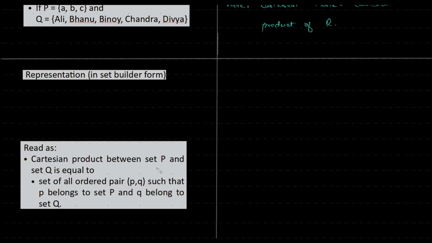Okay. Now how do you represent this in set builder form? So P cross Q is nothing but made up of (a, b) such that a belongs to set P and b belongs to set Q. Again, the Cartesian product between P and Q is made up of the ordered pair (a, b) such that a belongs to P and b belongs to Q. So how do you read this?